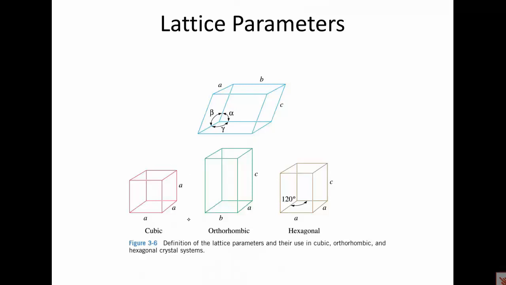The number of lattice parameters is reduced if there is symmetry in the unit cell. So for instance, in a cubic cell, all sides are equal and all the angles between the sides are 90 degrees, so only one lattice parameter is required to describe a cubic crystal.